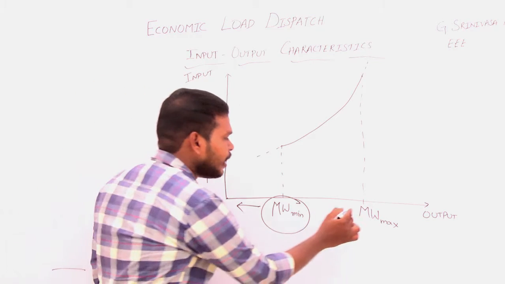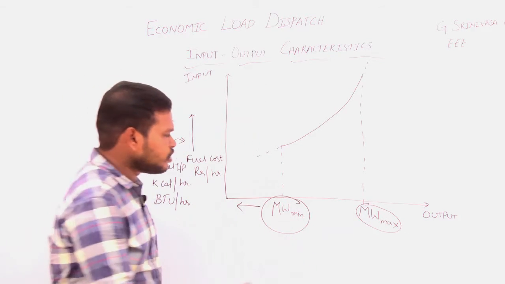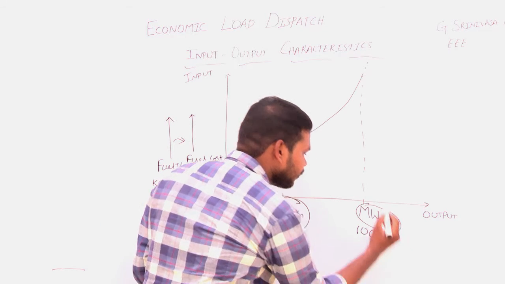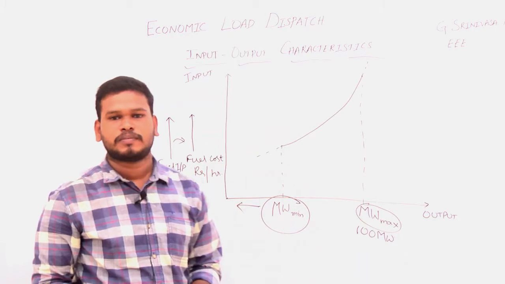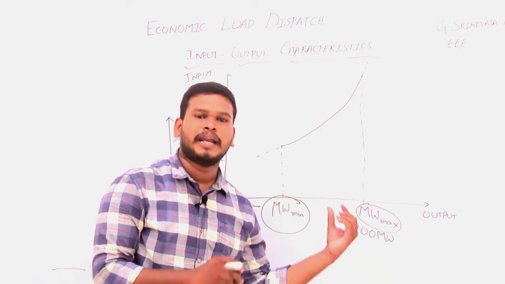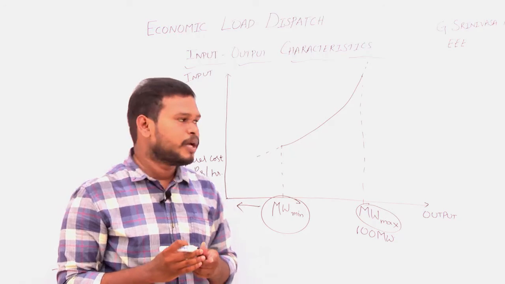Similarly, you have some megawatt maximum. Suppose the alternator has a capacity of 100 megawatts. That means you can continuously generate 100 megawatts in that particular unit, based on the fuel input.